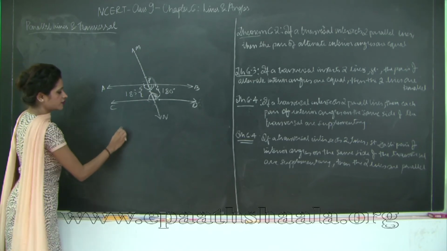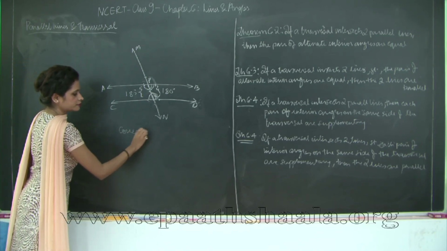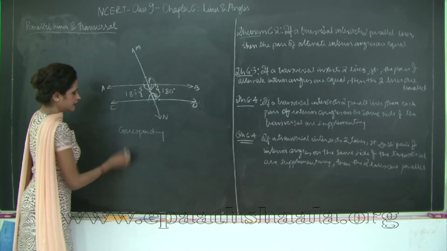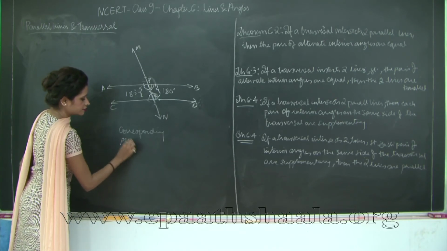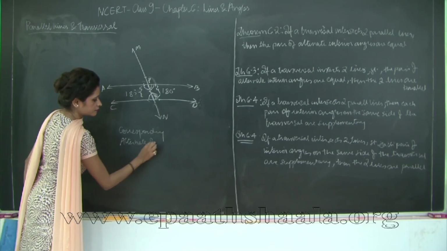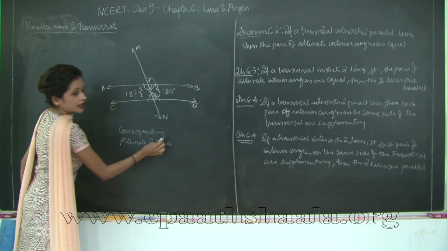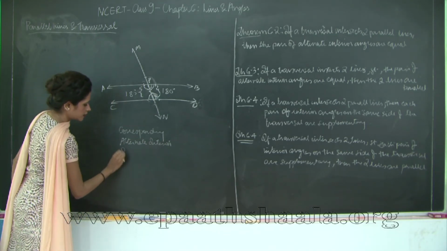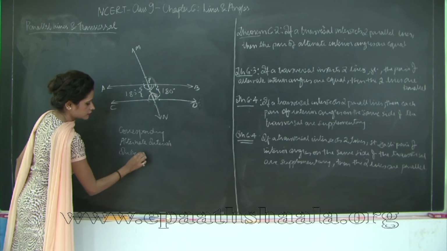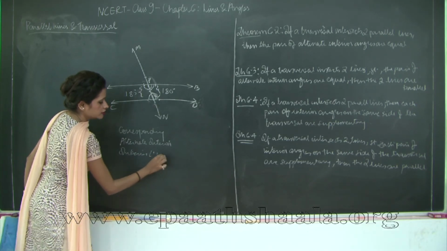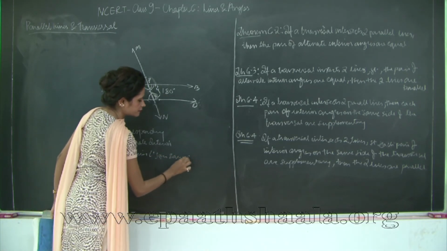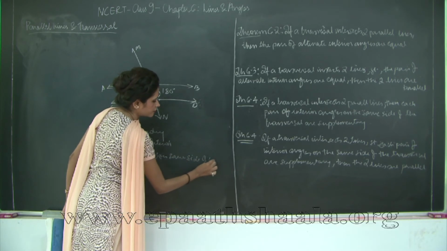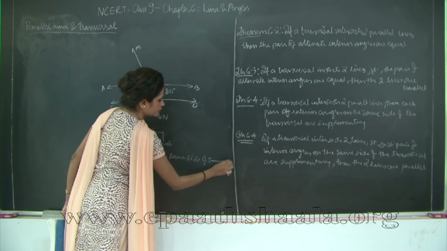So what have we seen? We have seen for corresponding angles, alternate interior angles, and for interior angles on the same side of the transversal.